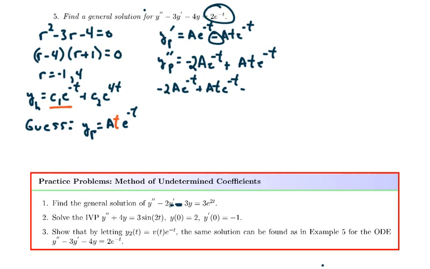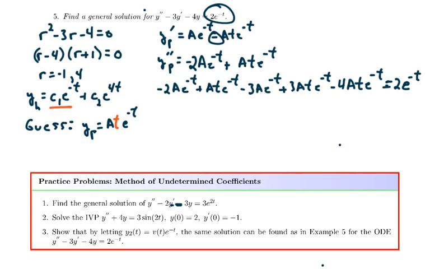Minus 3 times y prime, so it's minus 3a e to the negative t, minus 3 times negative, so plus 3a t e to the negative t, minus 4 times y, so it's going to be minus 4a t e to the negative t, and this should equal 2e to the negative t.